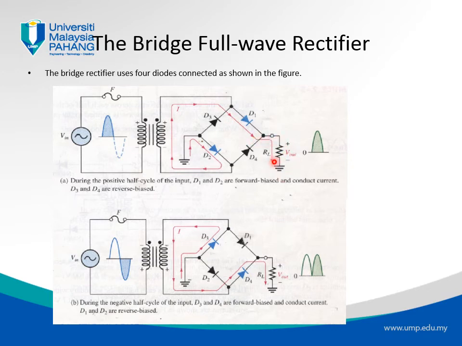So here we have the resistance load. Therefore, when we measure the voltage across this resistance, we get this waveform, right?